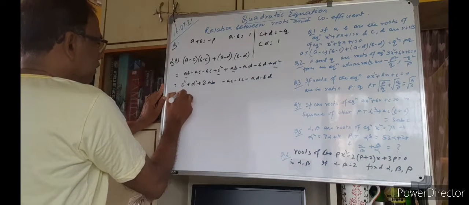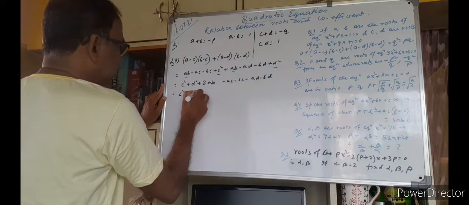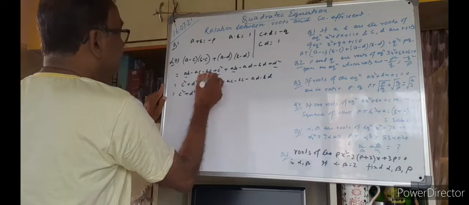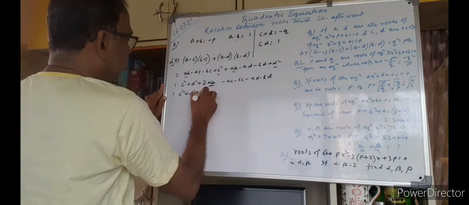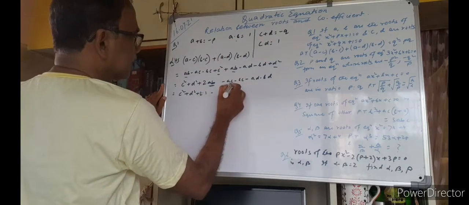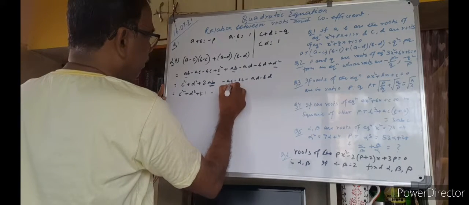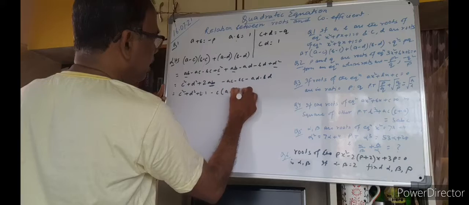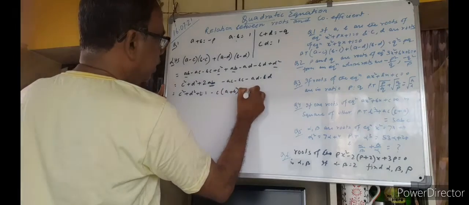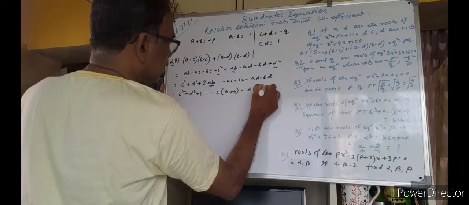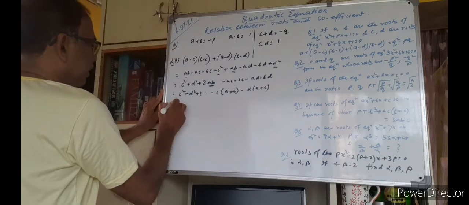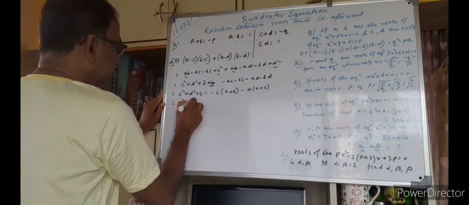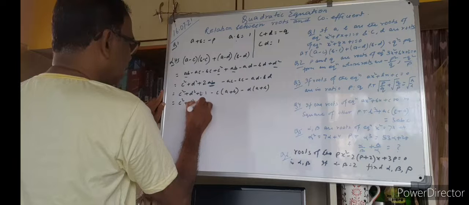The value of ab is 1, so 2 into 1. We can take c common, a plus b, and d common, a plus b.